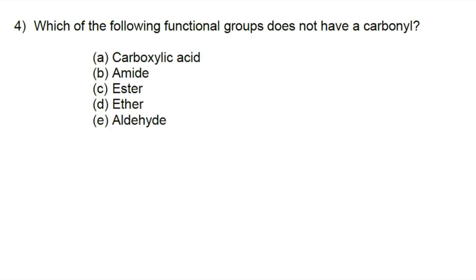Which of the following functional groups does not have a carbonyl? At this point, you have to memorize the functional groups and what each one means. Carboxylic acid is this one. Remember, don't confuse this with a ketone and an alcohol. When they are right next to each other, they are a carboxylic acid.